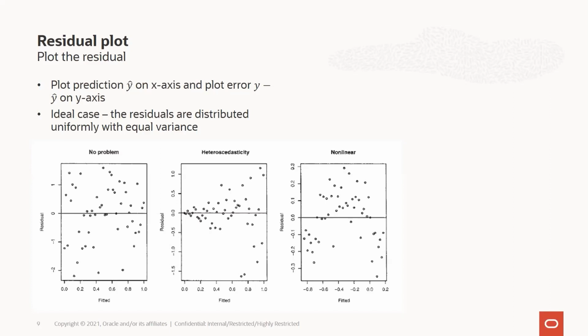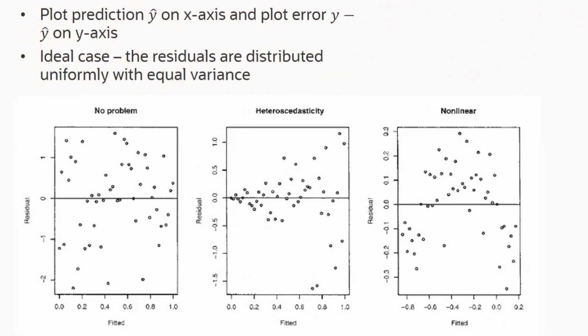Ideally, if we fit a perfect model, this error will be independent of the predictions. So if you plot the residual plot, you will see the error distributed with zero mean and probably with equal variance.